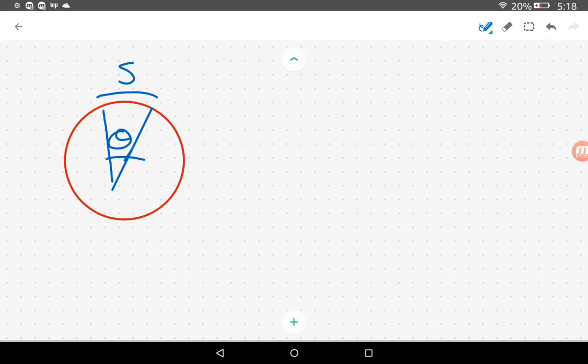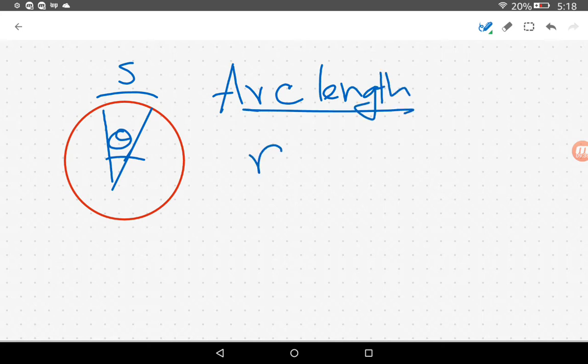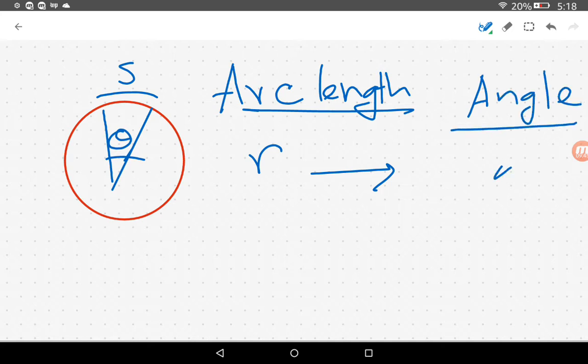So what happens here? We have just said that if the arc length is r, then it will produce an angle of 1 radian at the center. So if the arc length is 1, it will produce 1 by r radian.